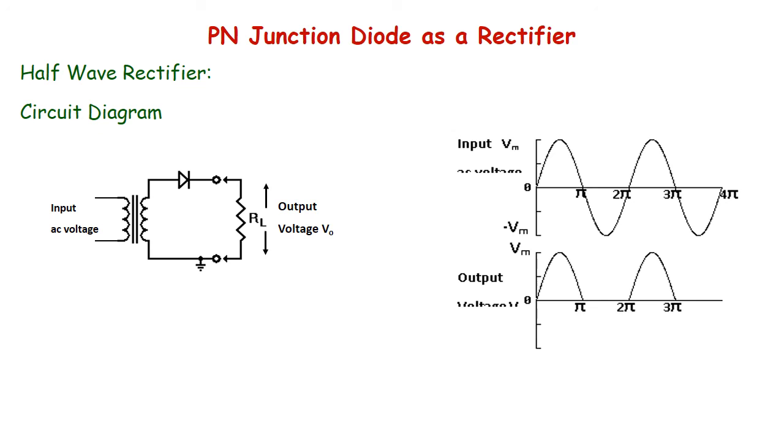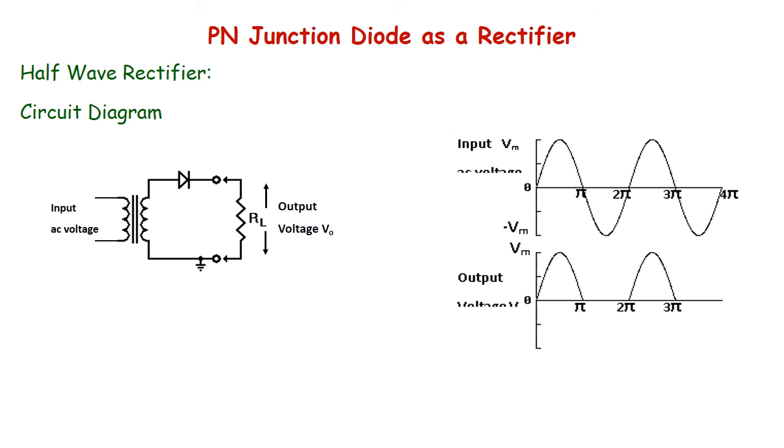One is ripple factor, the other one is efficiency. Efficiency, of course, since we are using a diode as a first step to convert AC voltage to DC voltage, would be the ratio of the DC power available at the output to the AC power available at the output.